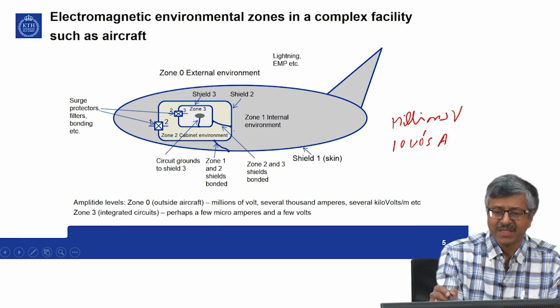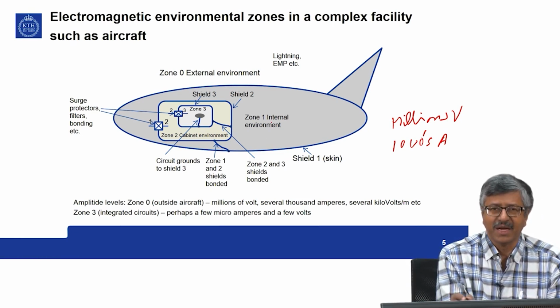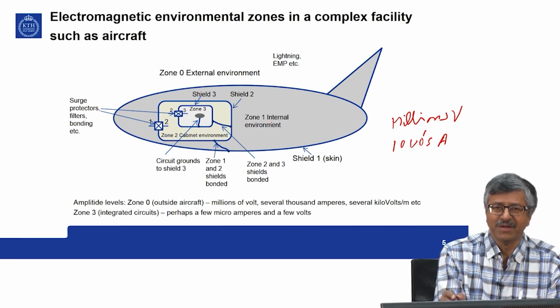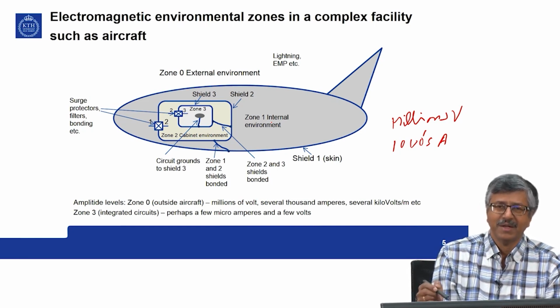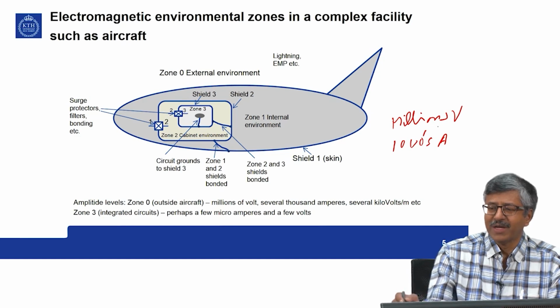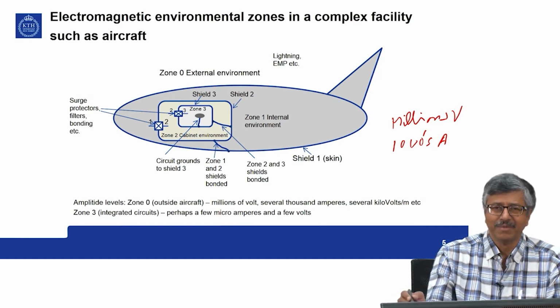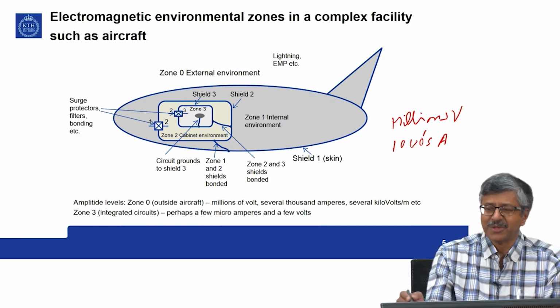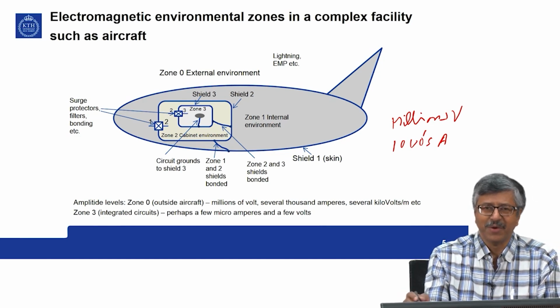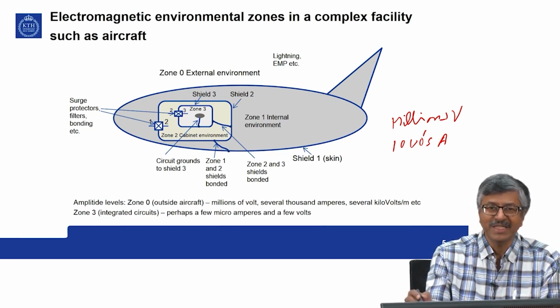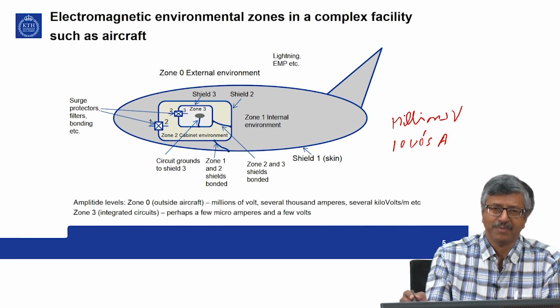So, when a plane is struck by lightning, the passengers sitting inside, what will be their potential with respect to the earth? They are also at millions of volts, because it is not the absolute value of voltage that is important, it is the voltage difference that creates the problem.